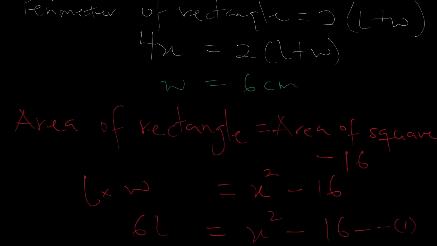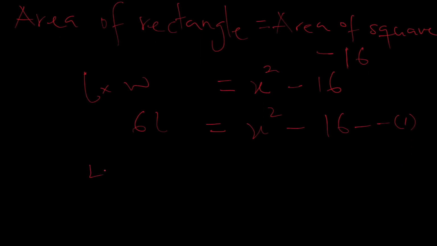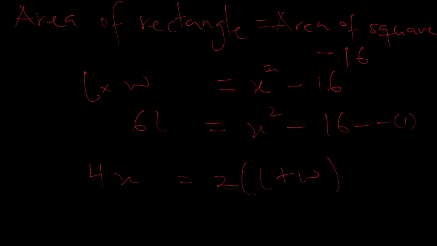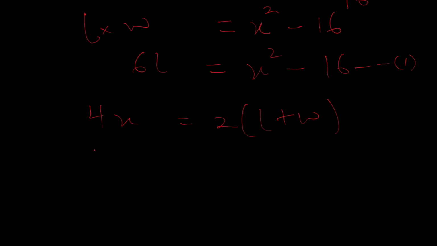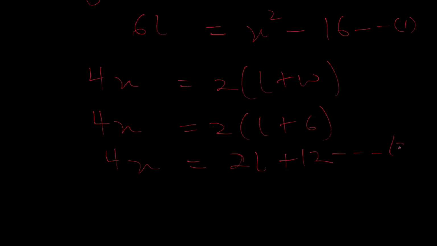But we also know 4x is equal to 2 times L plus W. And W is 6. So 4x is equal to 2 times L plus 6. We have 4x is equal to 2L plus 12. So this is equation 2.